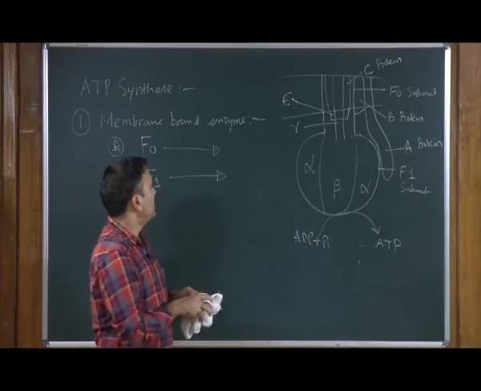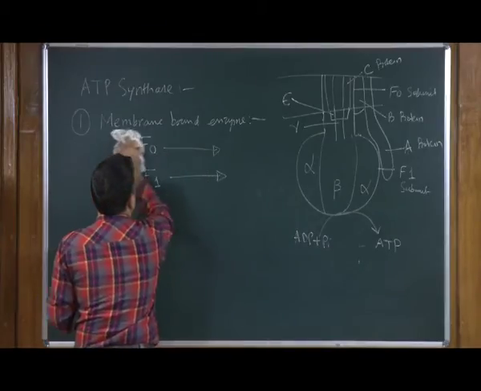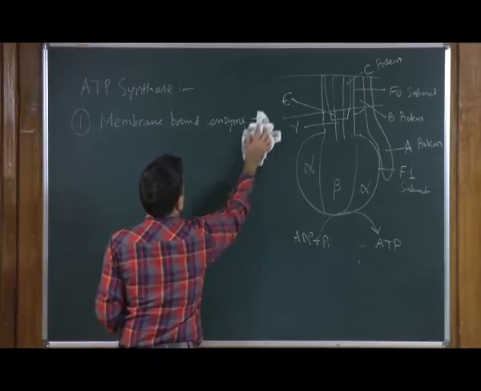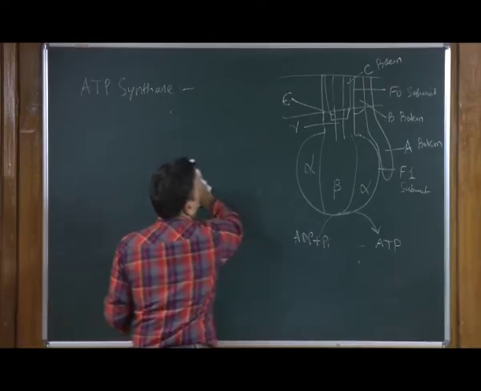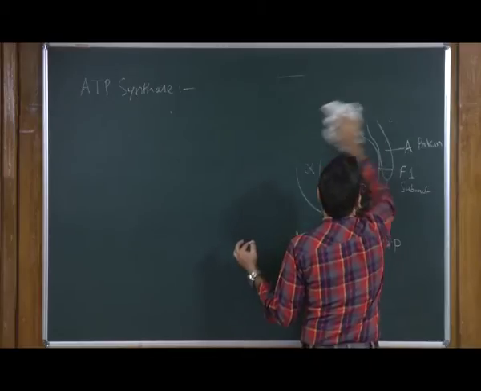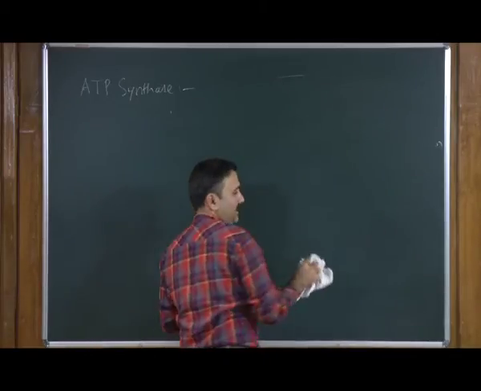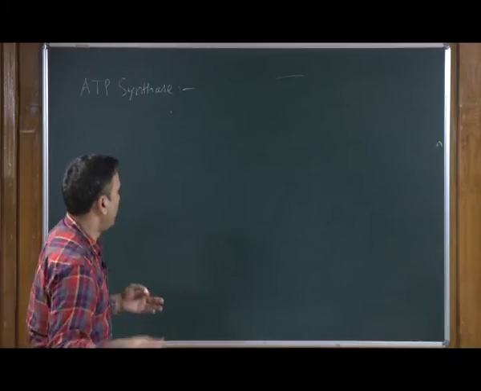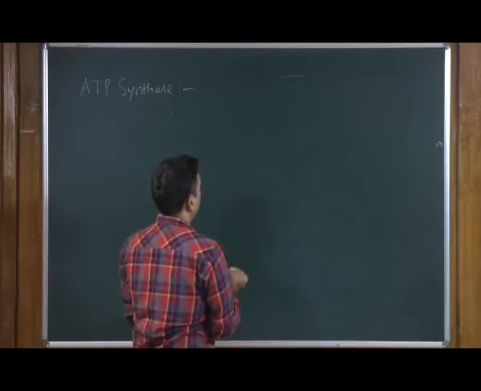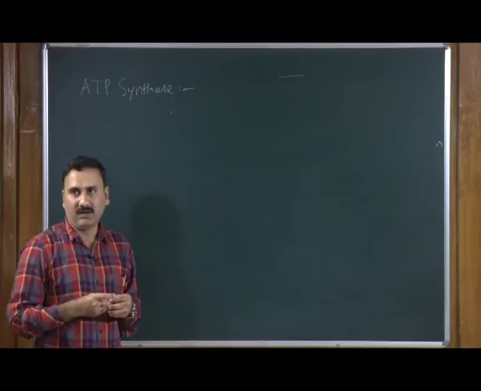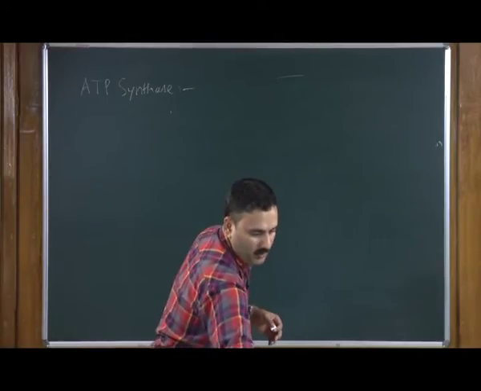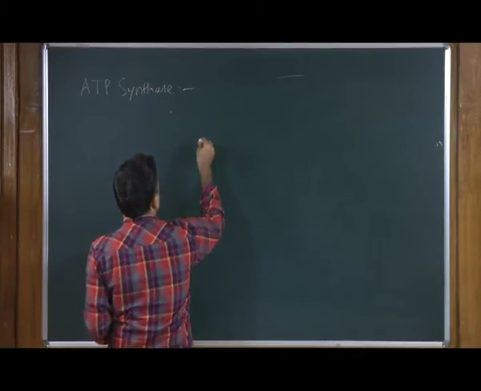So, let us see how this happens. Okay. So, if I show you the working structure of the ATP synthase. ATP synthase, as I said, has the alpha, beta and gamma subunits, and these are the subunits which are actively participating in the catalytic mechanism.